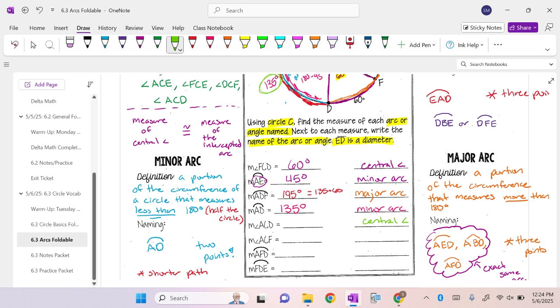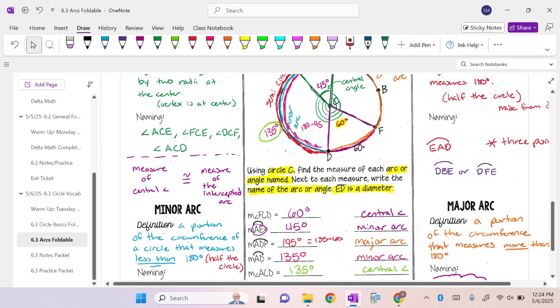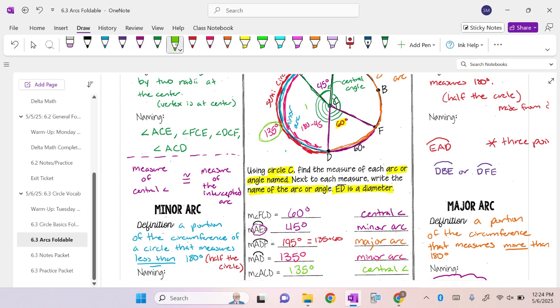So what do you think this angle measure is? 135. Good. We already found its intercepted arc in one of our previous questions, which is 135. So that means this angle here is 135 degrees. Almost done, guys.